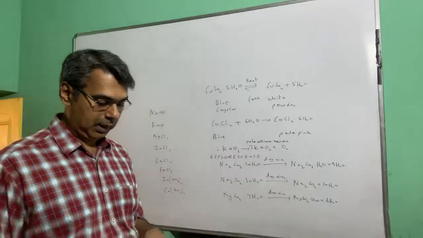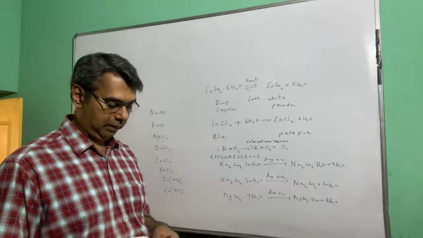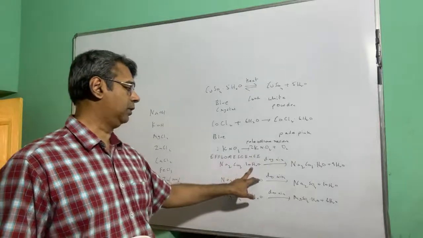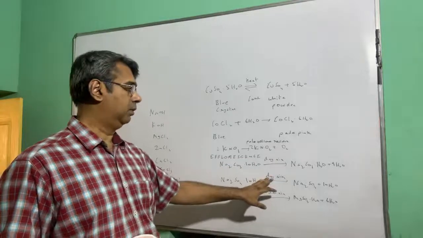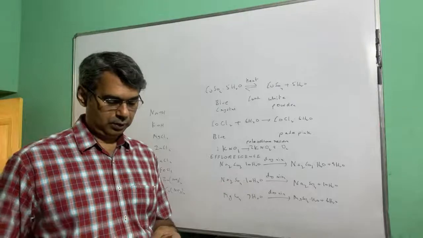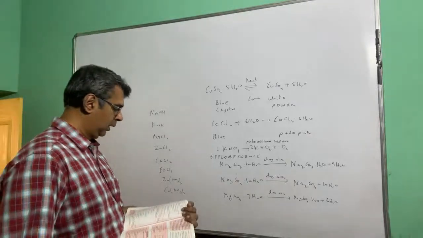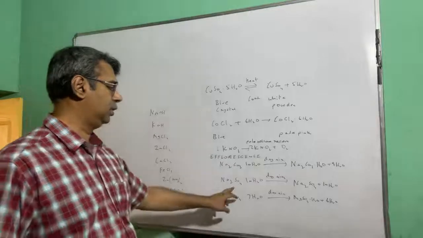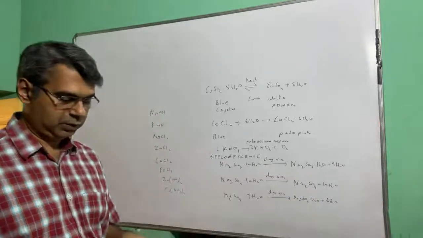And ultimately, after the loss of water of crystallization, Na2CO3 will become a powder. It was initially a crystal, it will become a powder. Similarly, Na2SO4.10H2O on exposure to air gives Na2SO4 plus 10H2O.